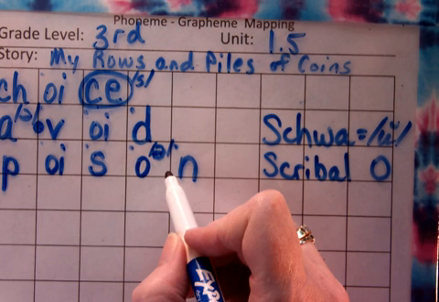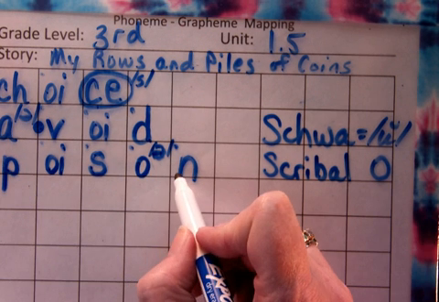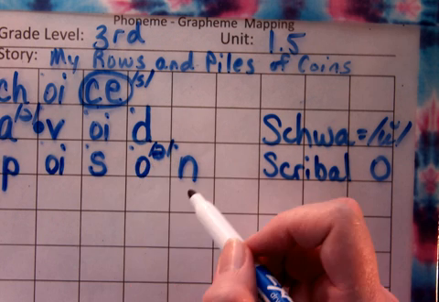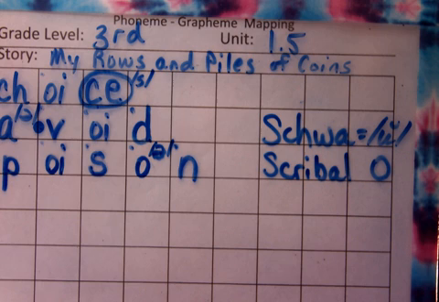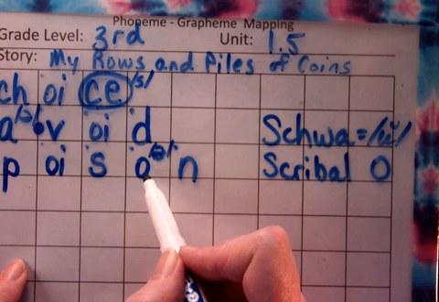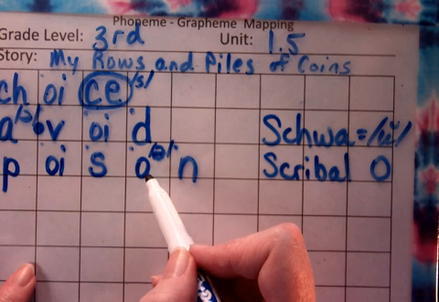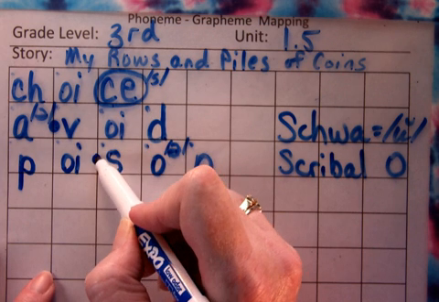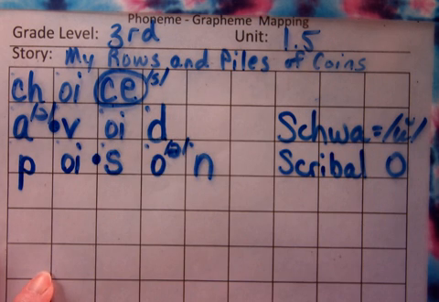And so the U and the N right next to each other looked really similar. And so they just put a top on the U to make it an O, but it still says the sound. So that's probably why that says the sound, because it is a scribal O. Poison. Two vowel sounds. The syllable break is right here. Poison.